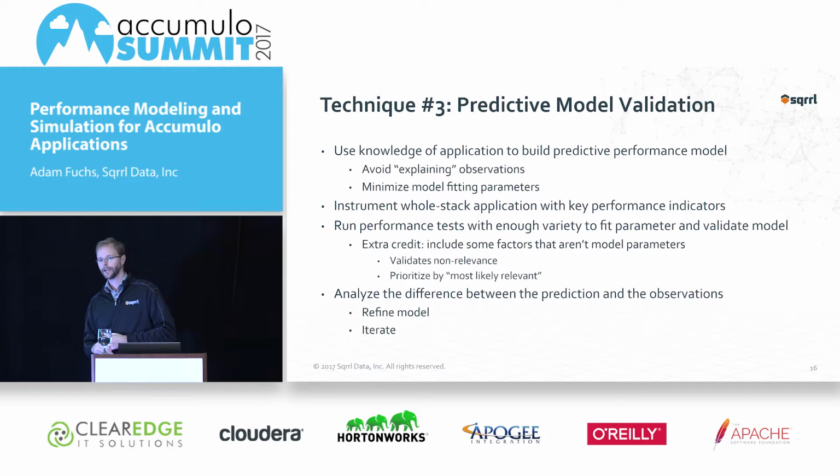Instead of 50,000 different parameters that, if you set them just right, make your model fit exactly, if I can get that down to a handful of parameters that I have to learn from the execution of the system, I'm going to have a much more accurate model. That's going to reduce my risk when extrapolating to large scales and large time periods.